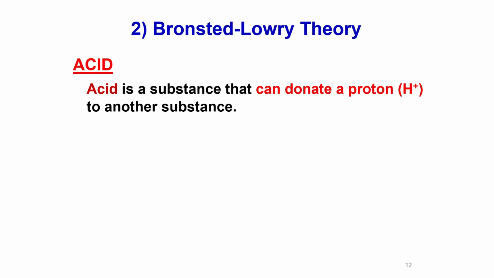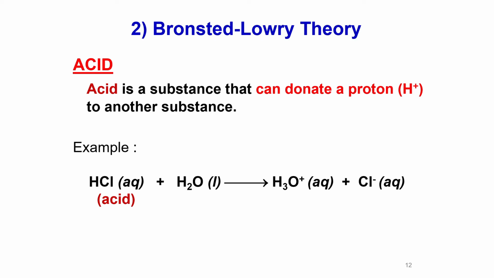Bronsted-Lowry theory. For Bronsted-Lowry theory, an acid is a substance that can donate a proton to another substance. The example is HCl in water.